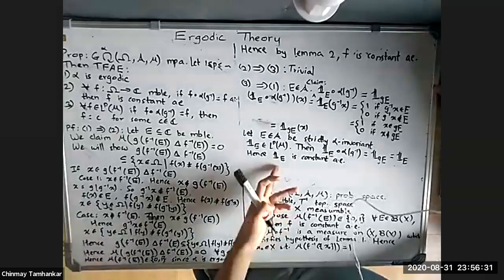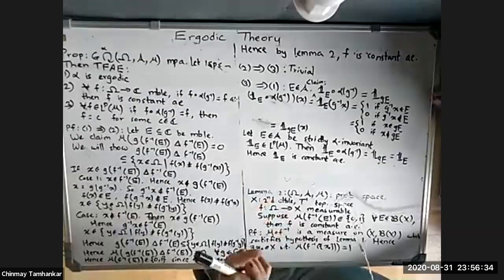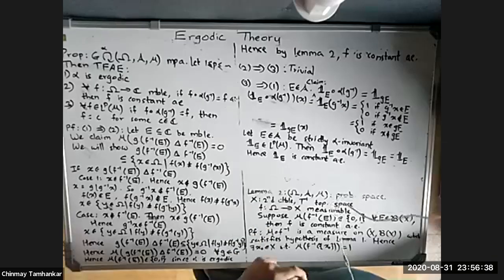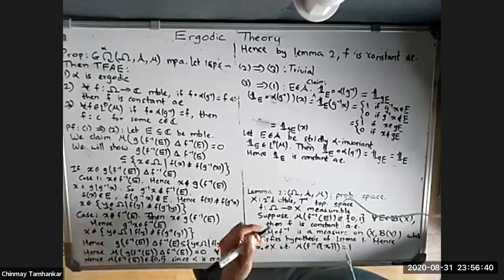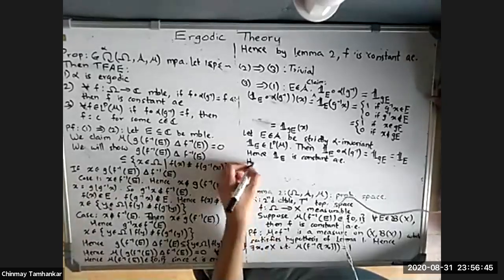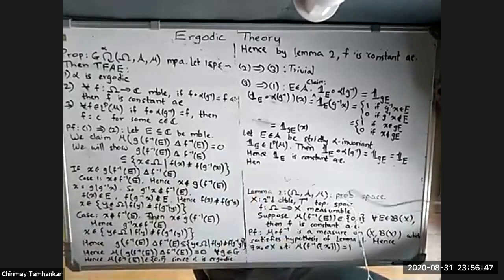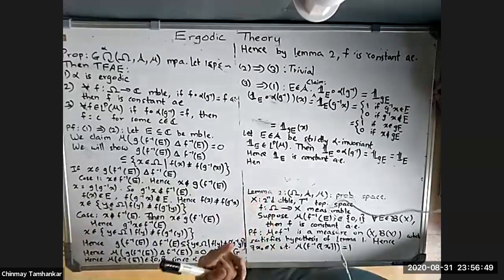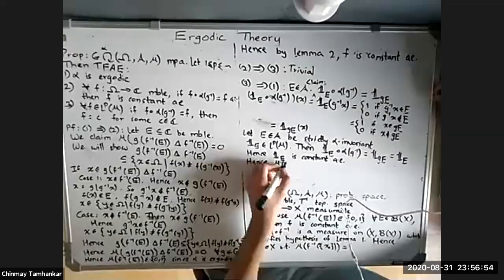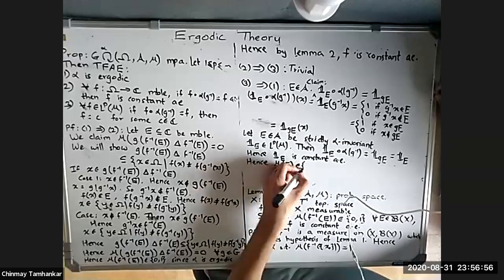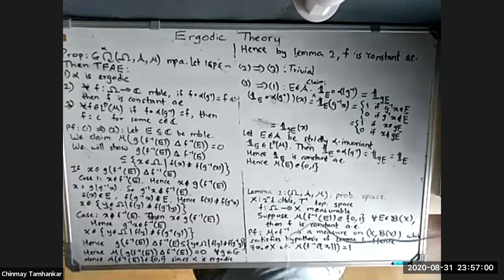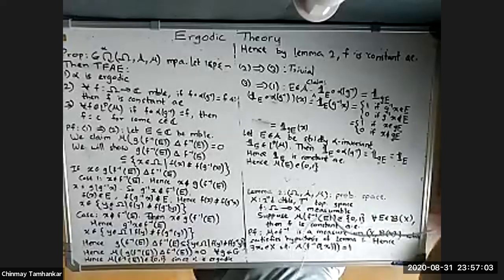But 1E of X is 1 if X is in E, and it's 0 if X is not in E. So the only way for the function to be constant is that the measure of E has to be 0 or 1, in which case 1E will be equal to 1 almost everywhere or 0 almost everywhere. So this completes the proposition.